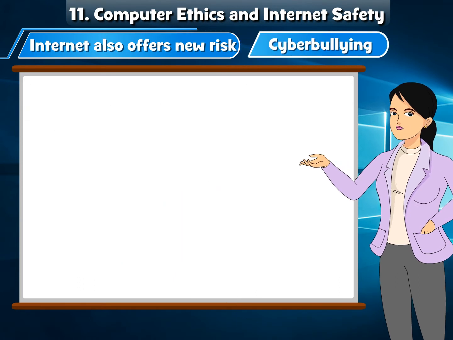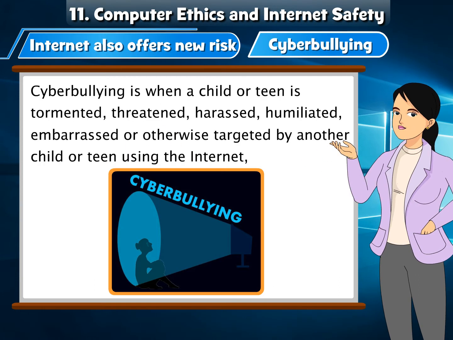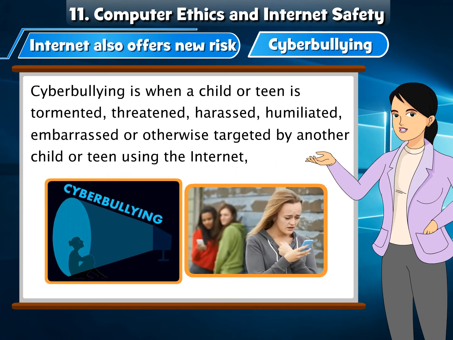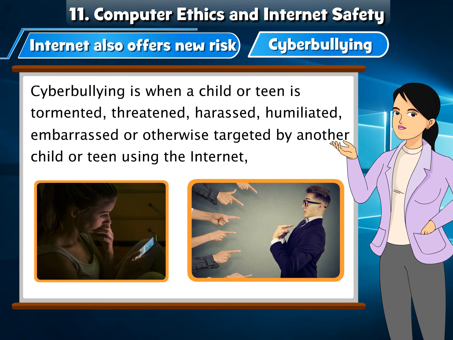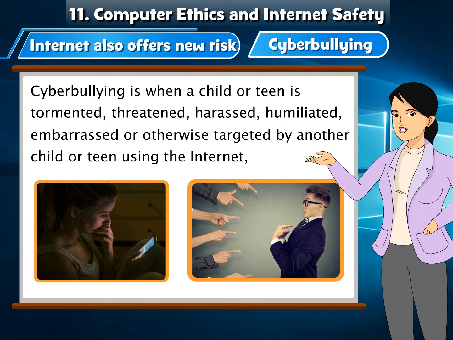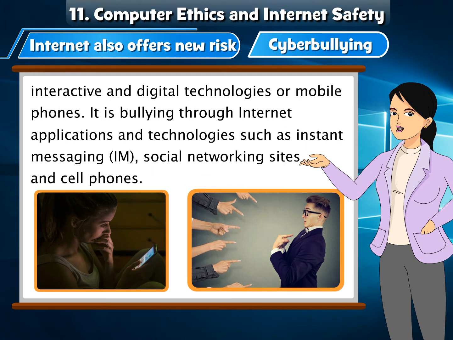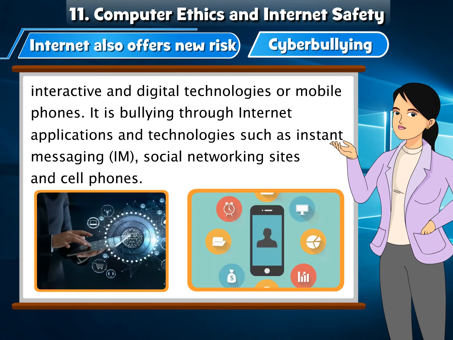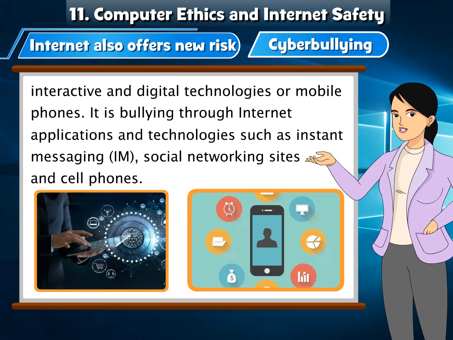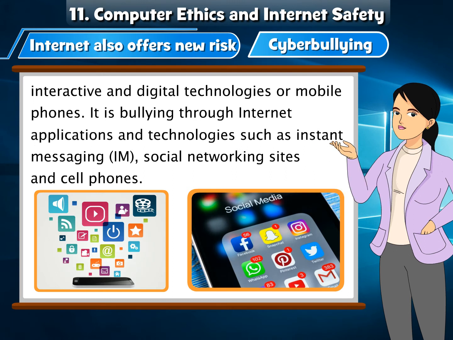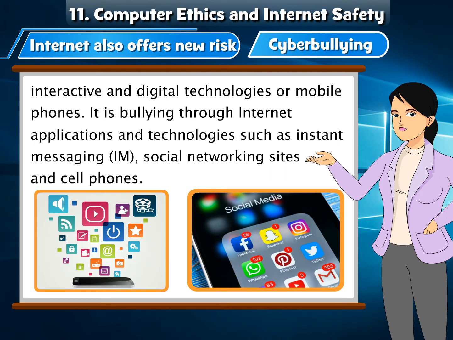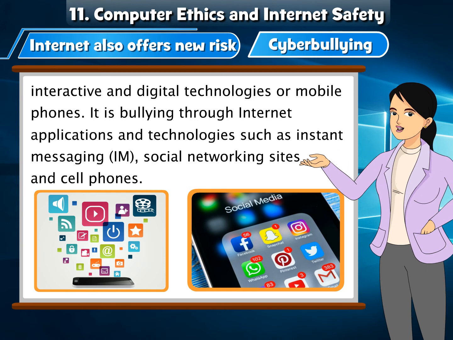Cyberbullying. Cyberbullying is when a child or teen is tormented, threatened, harassed, humiliated, embarrassed or otherwise targeted by another child or teen using the internet, interactive and digital technologies or mobile phones. It is bullying through internet applications and technologies such as instant messaging, IM, social networking sites, and cell phones.